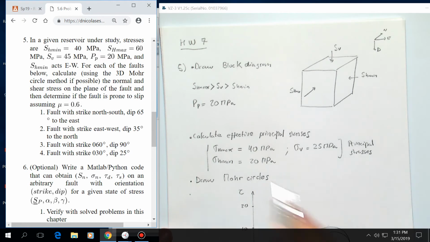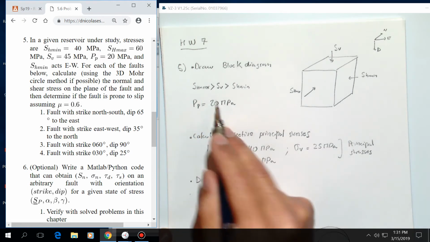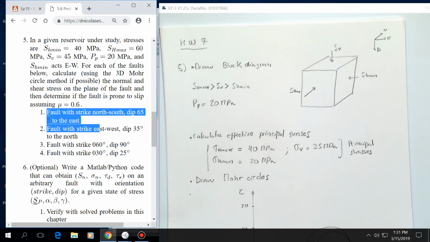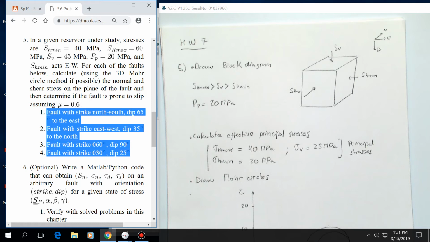But in this case, this is our current state of stress, and we know that we have these 4 faults that we'd like to investigate if they are close to reactivation or not. So the first one is a fault that strikes north-south with a dip of 65 degrees to the east, okay?